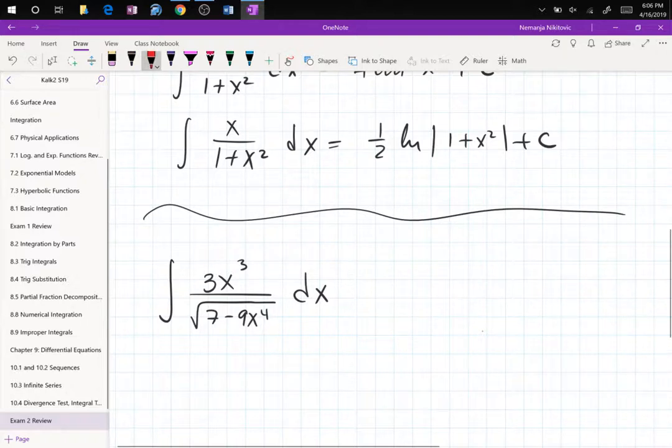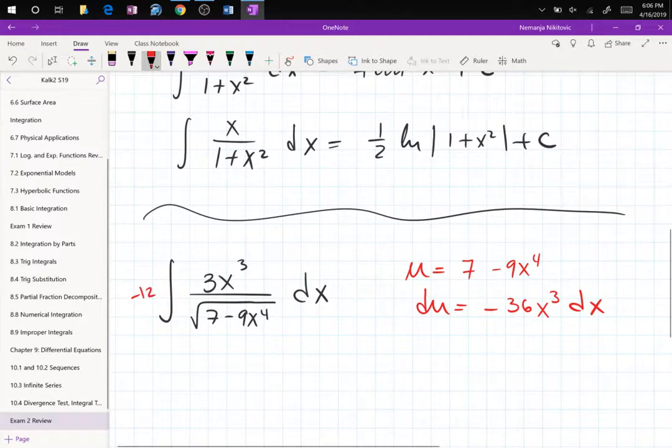You have a 7 there first of all. Well, it's a root 7. You just carry it along, it's not a big deal. There are four terms there, and it just seems annoying. With u equals 7 minus 9x to the fourth, du equals negative 36 x cubed dx. So we need to multiply by negative 1 over 12, right?